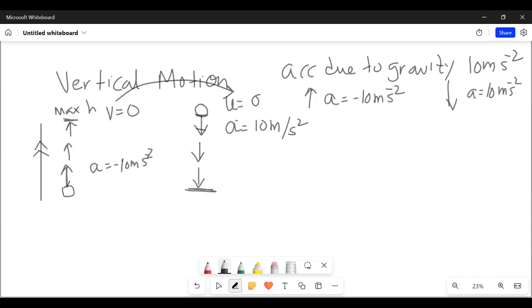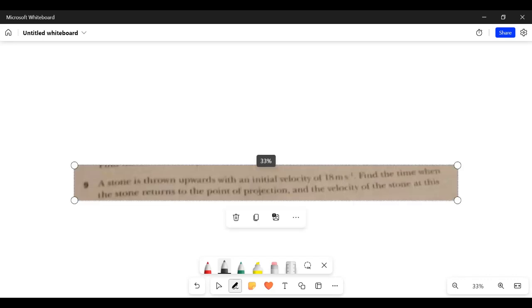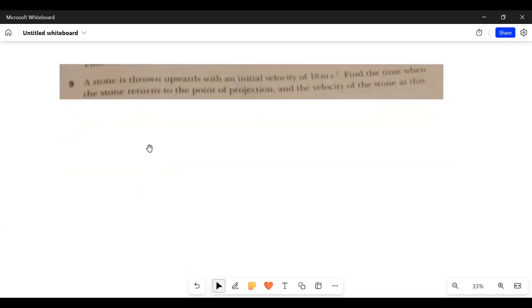Okay, now let's take a look at the question. A stone is thrown upward with an initial velocity of 18 meters per second.